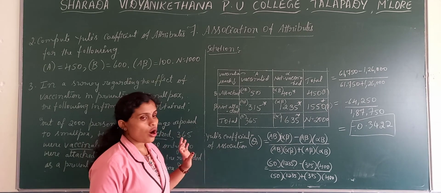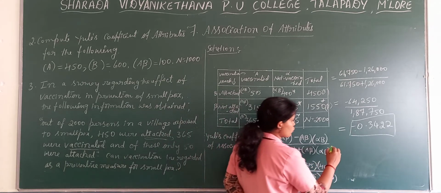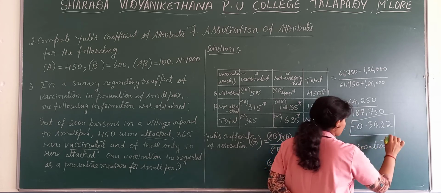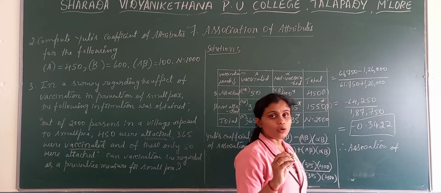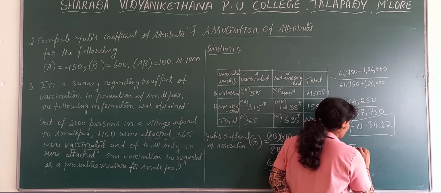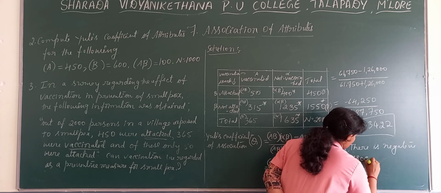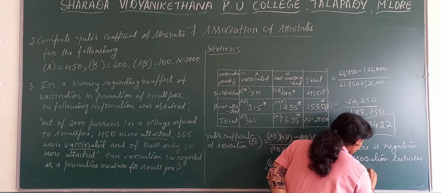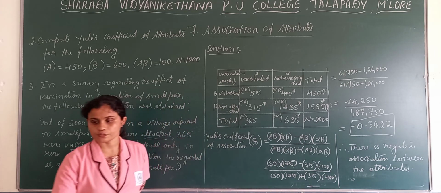The association of attributes is negative, or else the coefficient of association between the attributes is negative. Therefore, there is a negative association between the attributes.